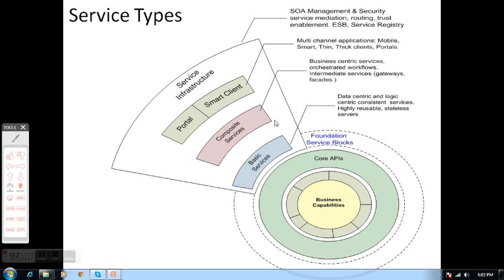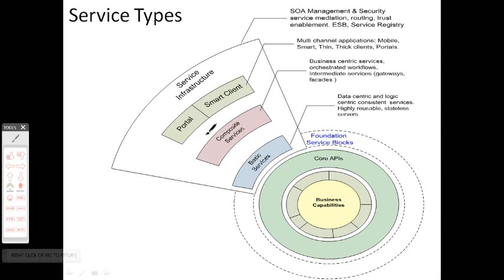However, this capability is not all in one place. It is distributed between multiple different basic services, as we mentioned, for example, tax calculator, search product, invoicing, order operations, and so on. And then on top of that, we provide composite services where business-centric services and orchestration of workflows happen.